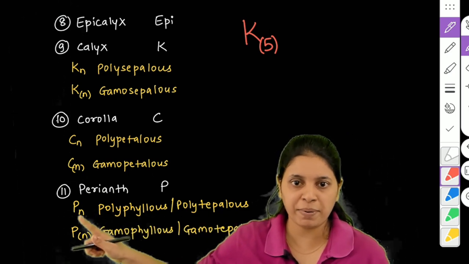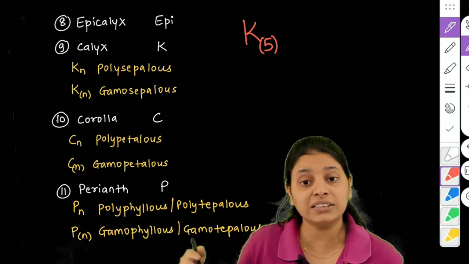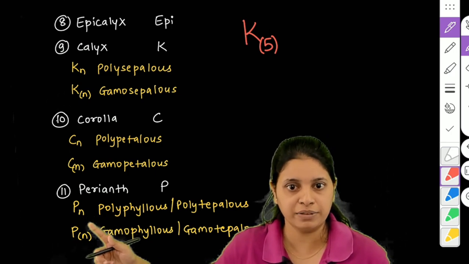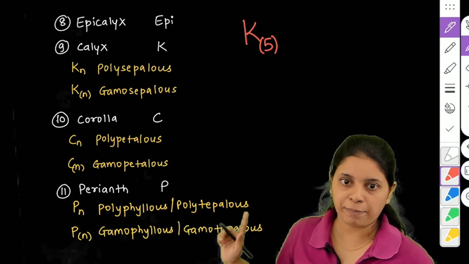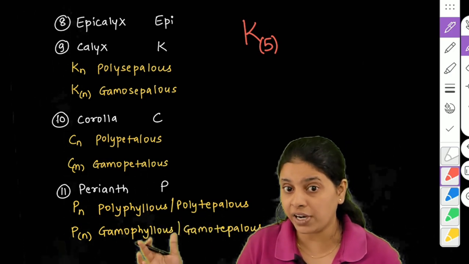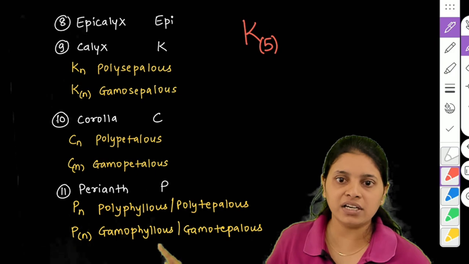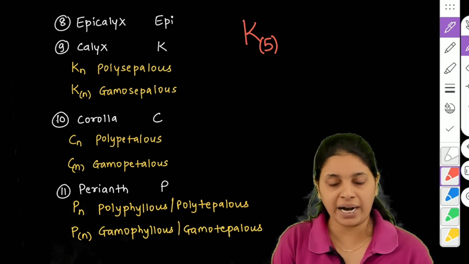So, P is perianth, and the number of units in perianth, that is the number of tepals, will be represented here instead of n. So, this is polyphyllous or polytepalous. That means the tepals are free. But what if the tepals are fused? Gamophyllous or gamotepalous condition. Then obviously we will put a bracket over here.